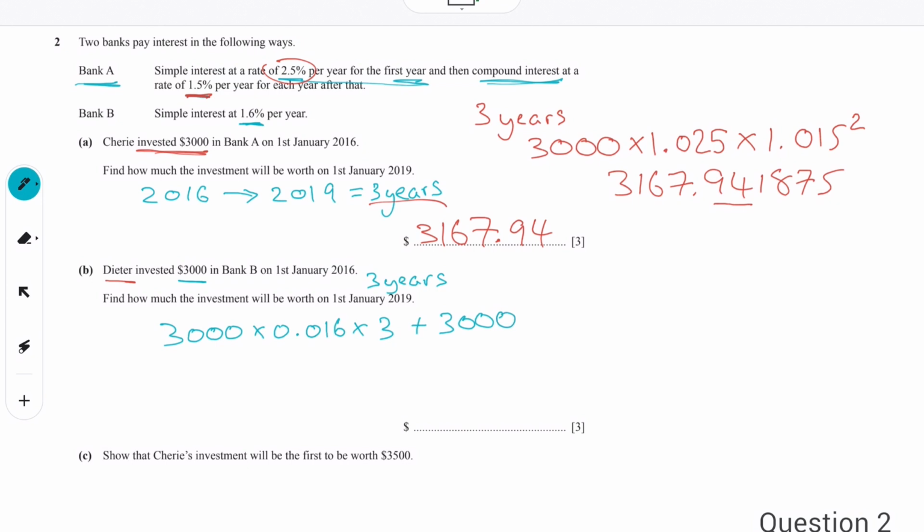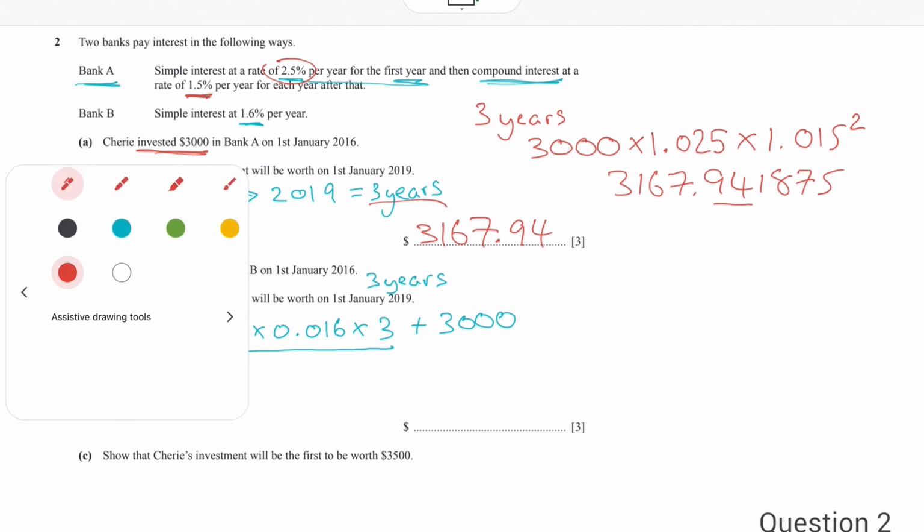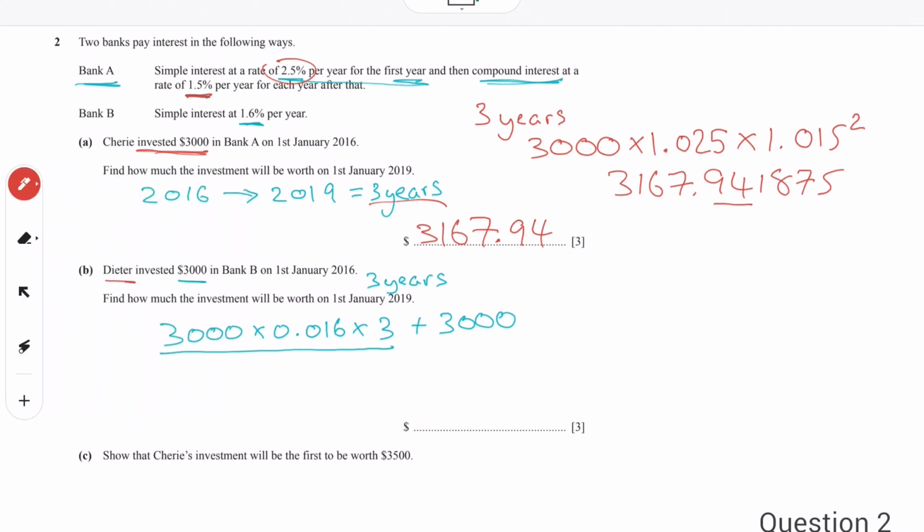So if I put this into my calculator, I should get the answer 3,000 times 0.016 times 3, I should get a figure of 144. So if I add that to 3,000, I will get the number 3,144. Okay? Now, you might be thinking, why have I done this and put a 0 here when I'm putting a 1 on this one?